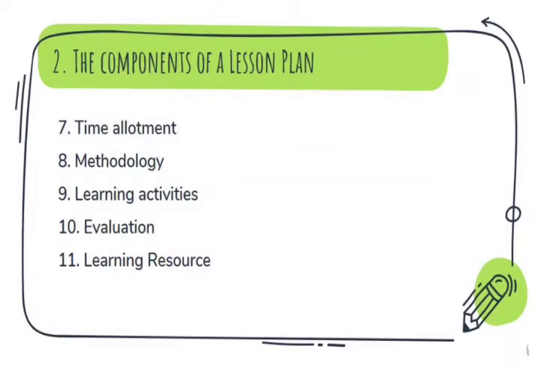Core activities, the major learning process that aims to achieve basic competencies. Closing activities, carried out to end learning, which can be in the form of summarizing, evaluation, reflection, feedback, and follow-up activities.